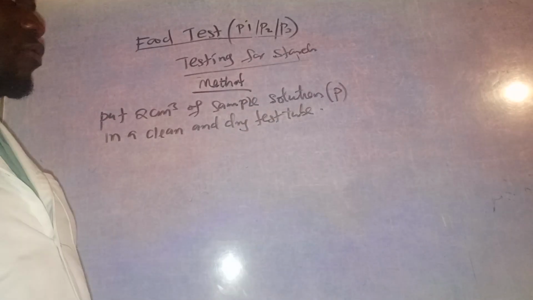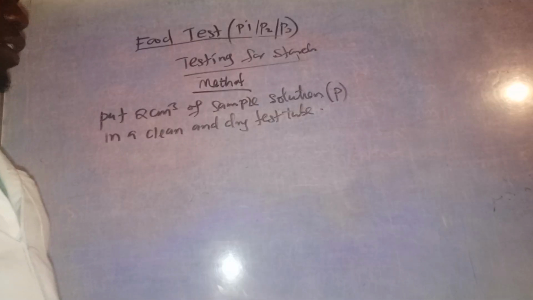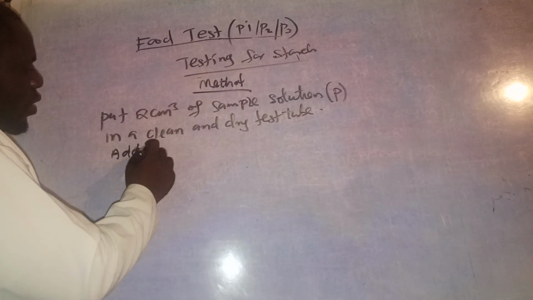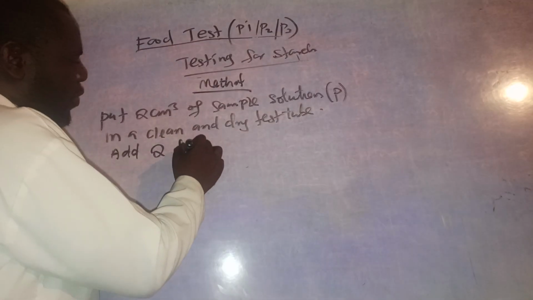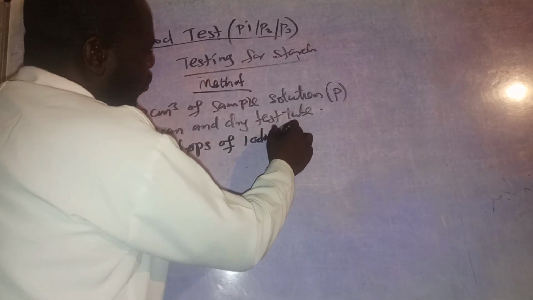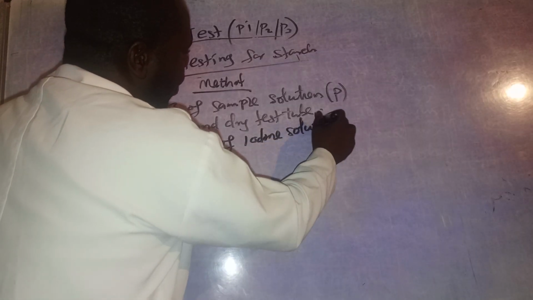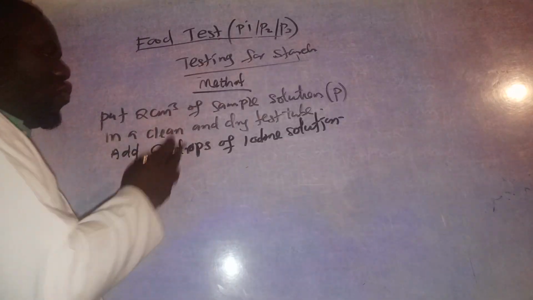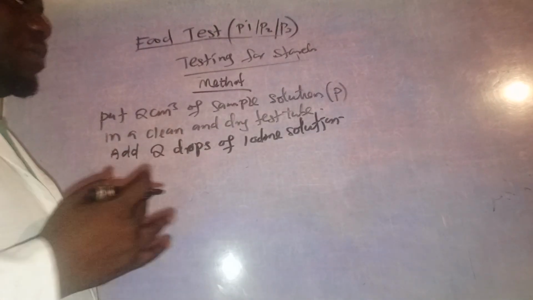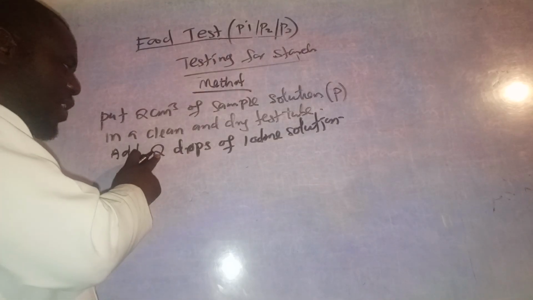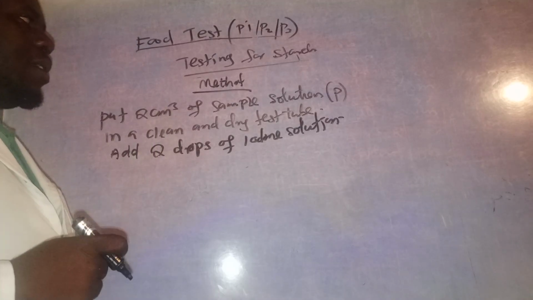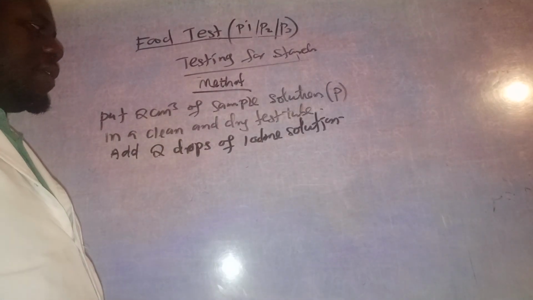Then after putting the solution in the test tube, you now add 2 drops of iodine solution. If you want, you can say add 2 or 3 drops, but be specific. I can put 3 drops here, or 4 drops, but 2 or 3 is better.